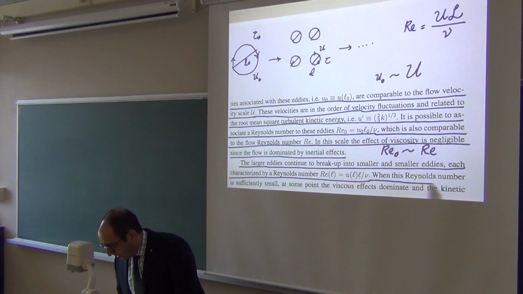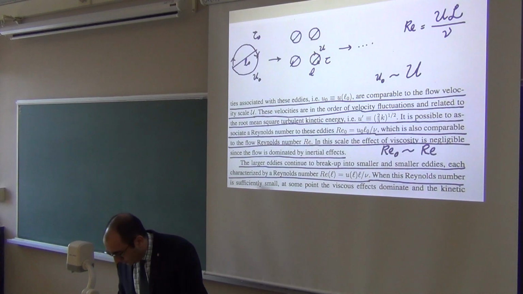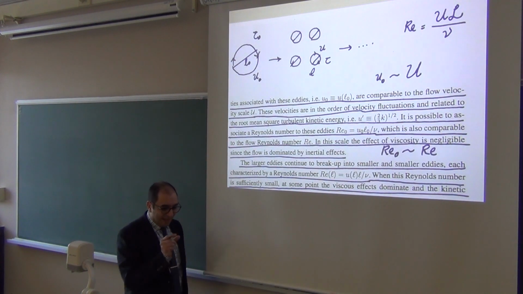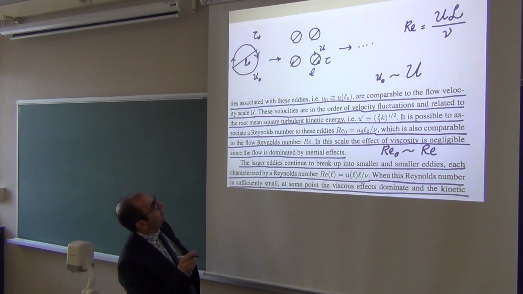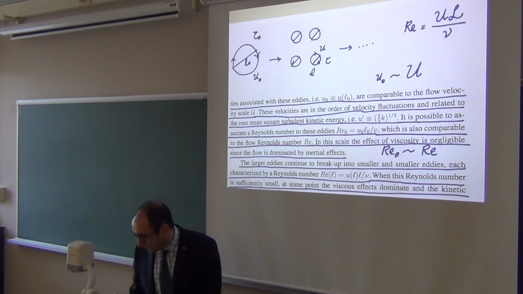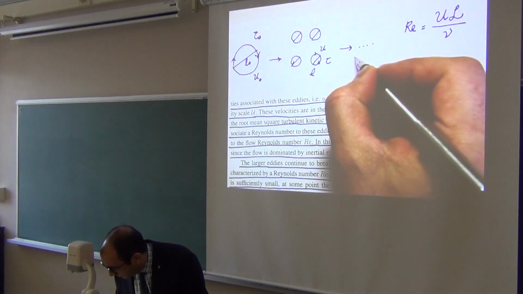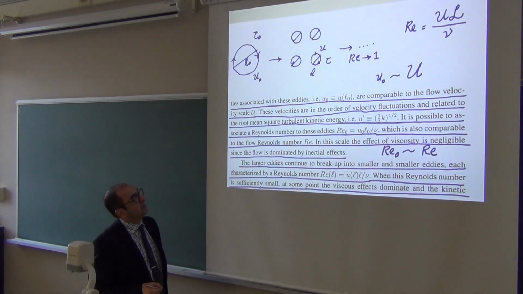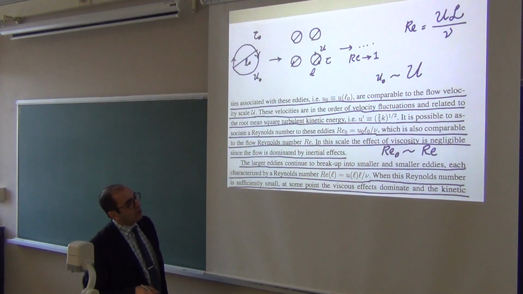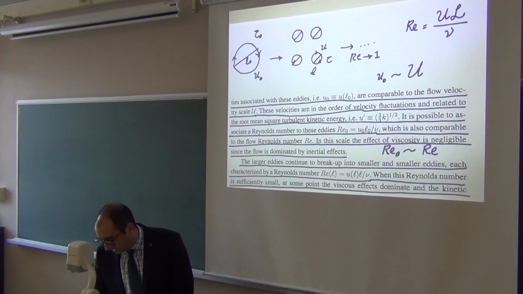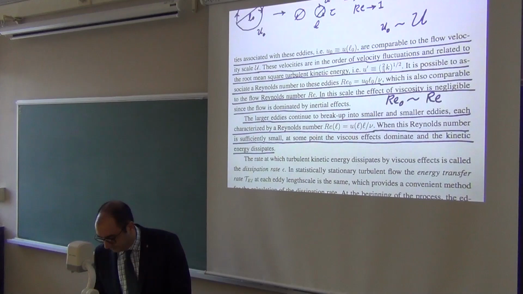But the Reynolds number of the subsequent breakups gets smaller and smaller. At some point, the Reynolds number becomes very small, in which case, at that scale, viscosity kicks in. So if you go all the way down, at the end of this, the Reynolds number should approach a small number, which says that the inertial effects are no longer important, and at that point, viscosity kicks in and dissipates the fluctuations.